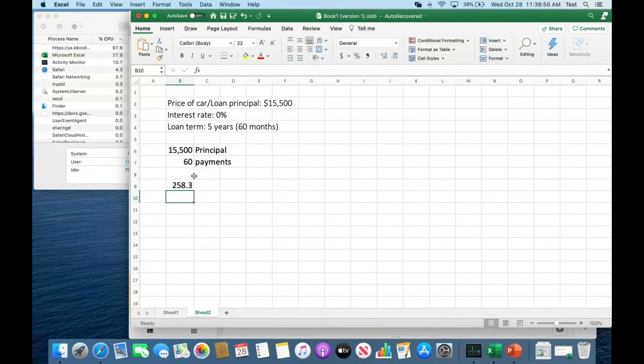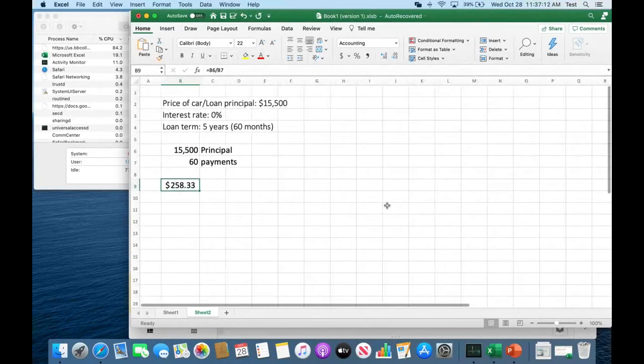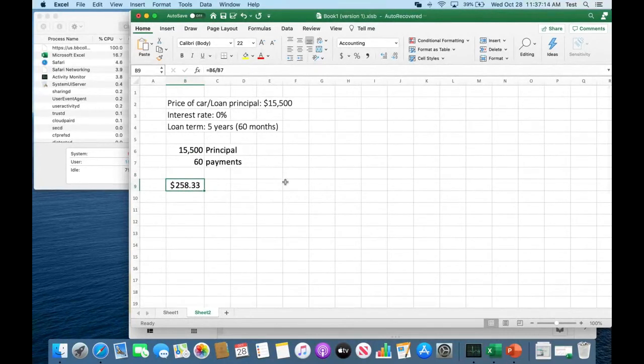What I would pay if I wanted to pay this vehicle off in 5 years with 0% financing, which means you're not financing at all, is this amount per month. This is just a simple example for you to realize that interest is the only reason why we need the time value of money function.